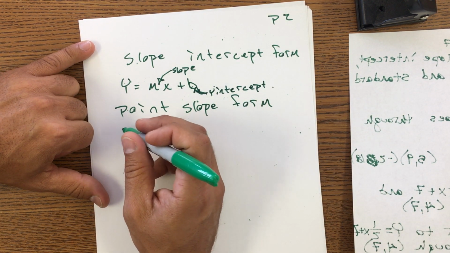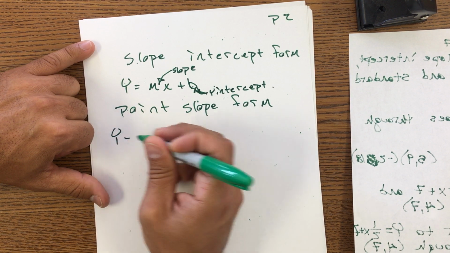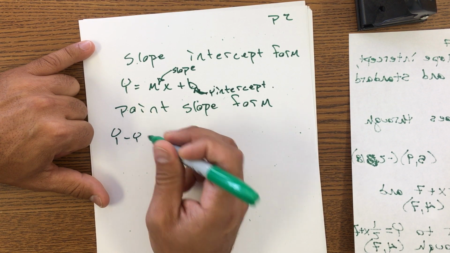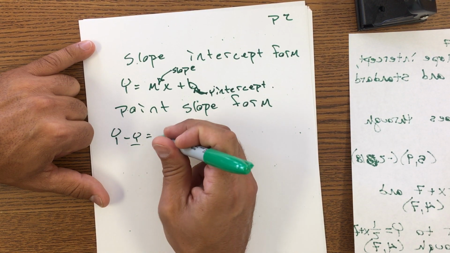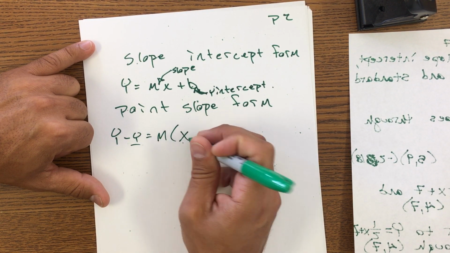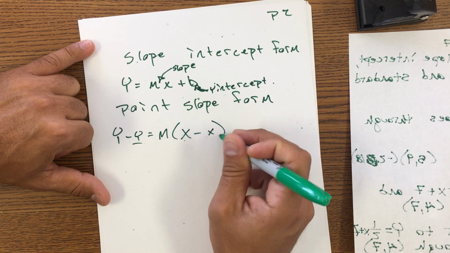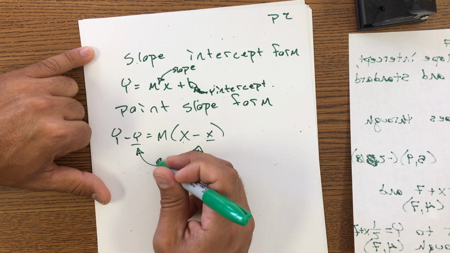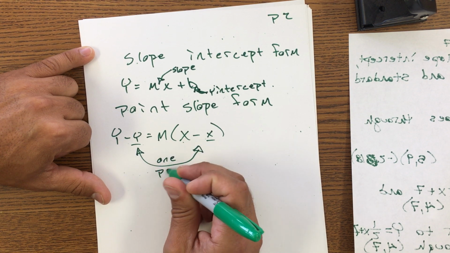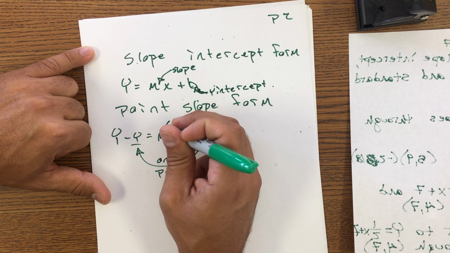Point slope form is y minus, I like to put little y because this one's gonna change, equals m x minus, I like to put little x because this one's gonna change. So this is 1 point, and this is still the slope.